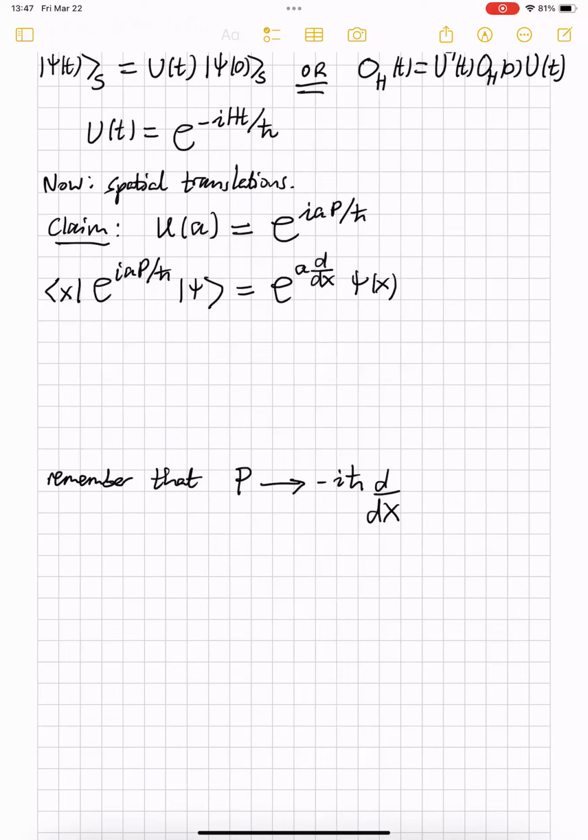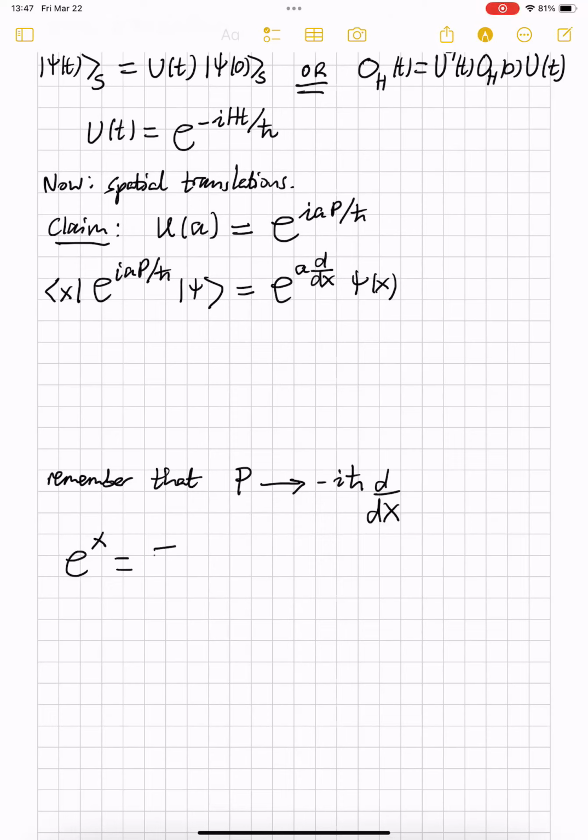Well, whenever you have a function of an operator, you understand it in terms of the power series expansion for that function. For the exponential e to the x, you know exactly what the power series expansion is.